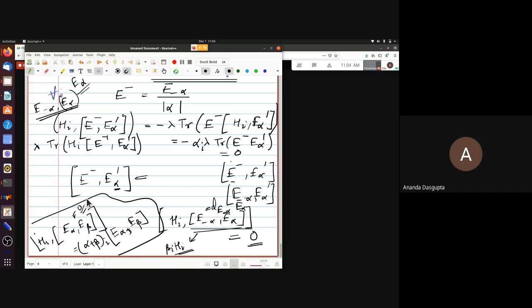You got new eigenvectors, but the only way you could possibly not get an eigenvector is by claiming that when you did this shifting, you ended up with 0. So either the commutator of E alpha and E beta will be 0, or it will correspond to a root alpha plus beta. Since E minus corresponds to minus alpha and E prime alpha by assumption corresponds to plus alpha, this corresponds to a root 0, minus alpha plus alpha, right?